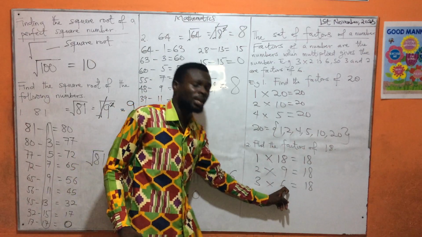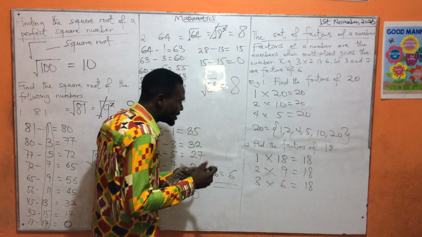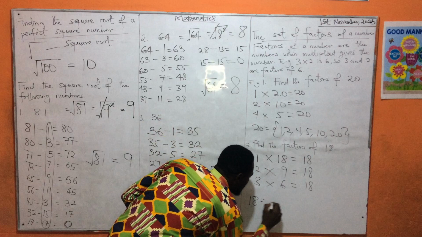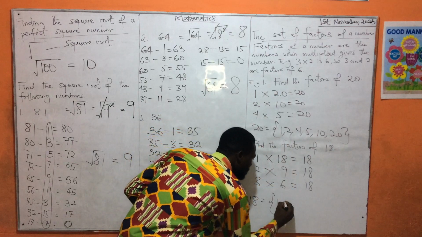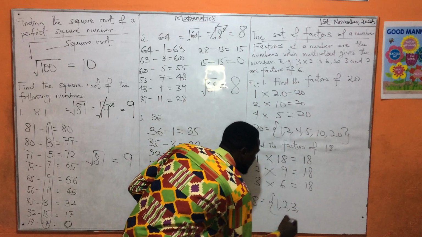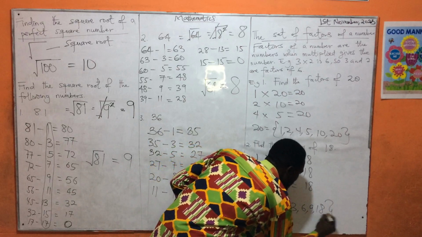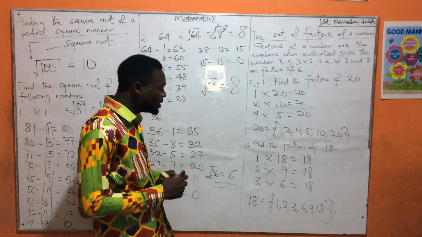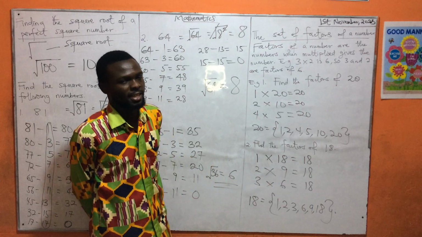But since 6 has been written here, then the case is closed. So the factors of 18 happen to be, pick it in a U shape, as 1, 2, 3, 6, 9, and finally 18. And these become the factors of 18.